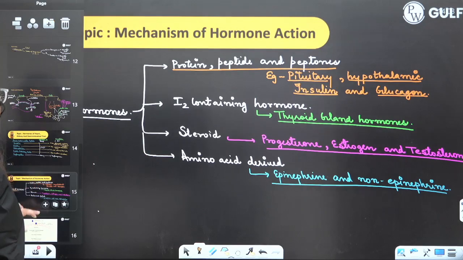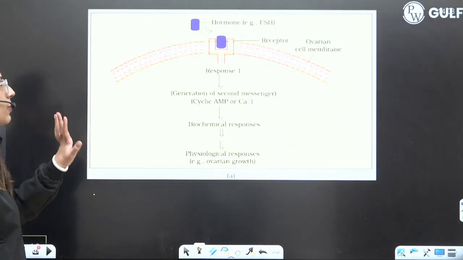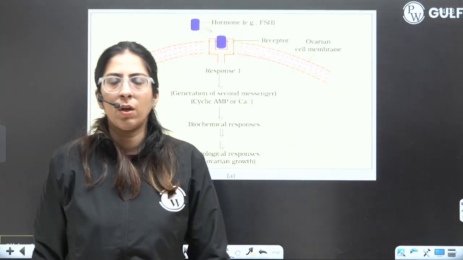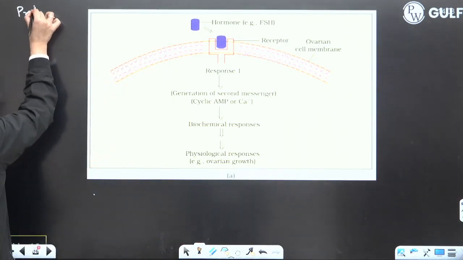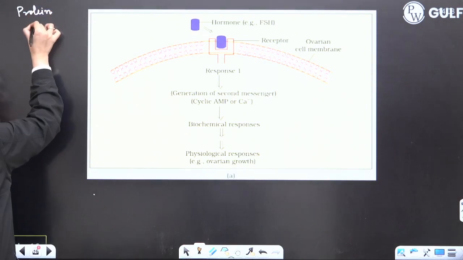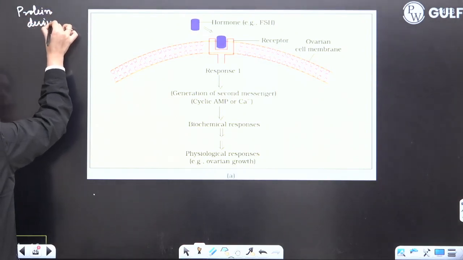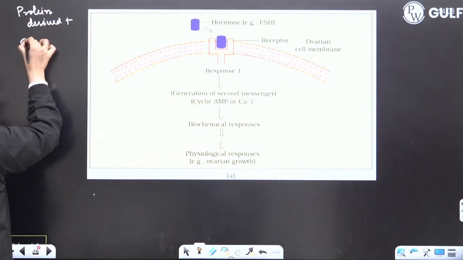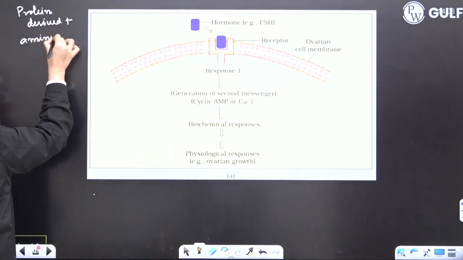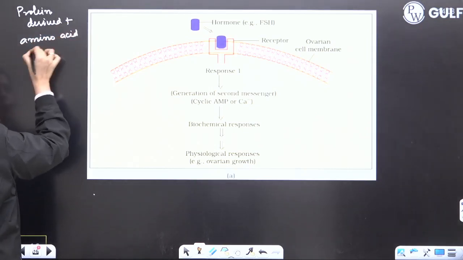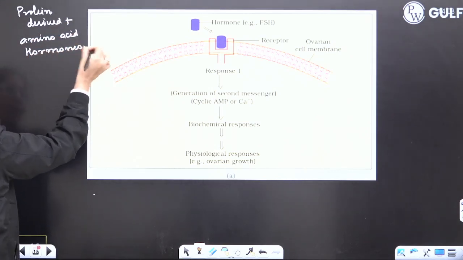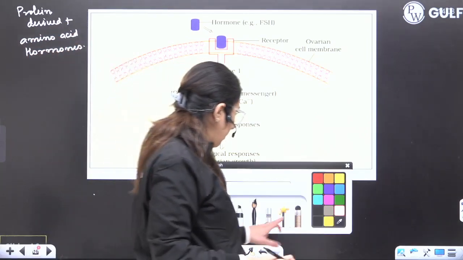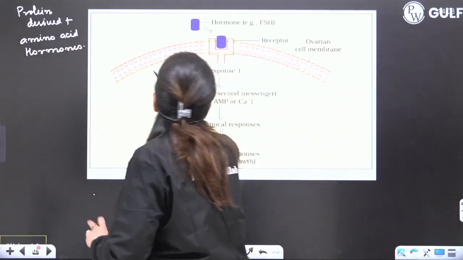Now these hormones have different actions. If I talk about your protein or peptide derived hormones, or amino acid hormones, these hormones cannot cross the plasma membrane because the plasma membrane is hydrophobic. This is the plasma membrane.